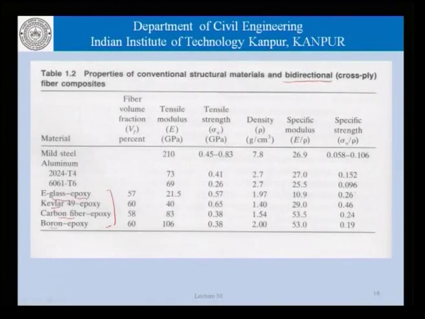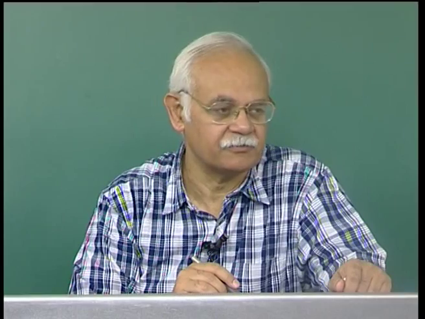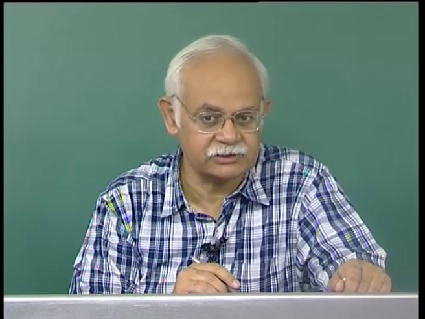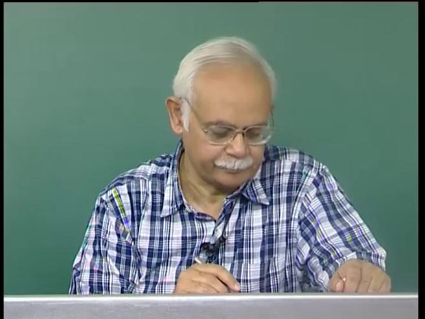And we get these numbers here for the fiber composites as compared to these numbers here, which are for steel and aluminum. So, these are the numbers for fibers and these are the numbers for conventional materials such as steel and aluminum, except that of course, aluminum is not very much used as far as reinforcement is concerned, and we are really bothered about steel versus fiber comparisons most of the time.